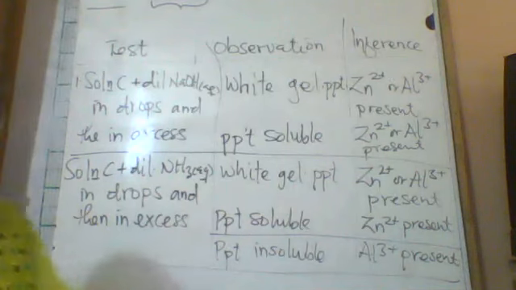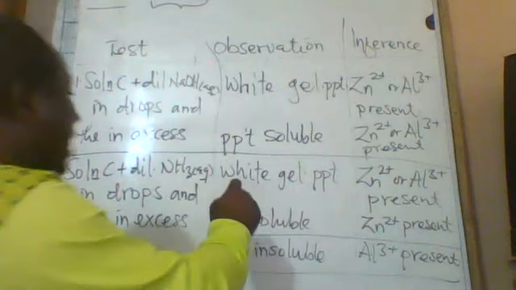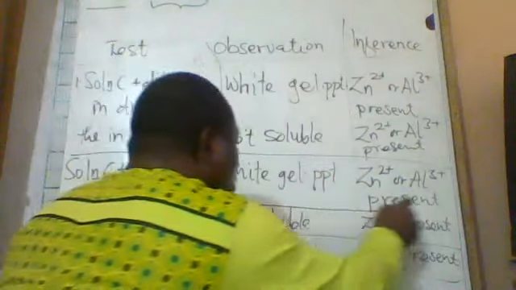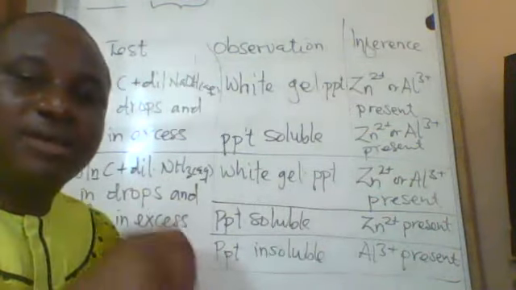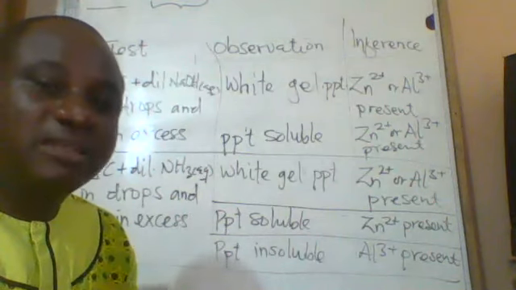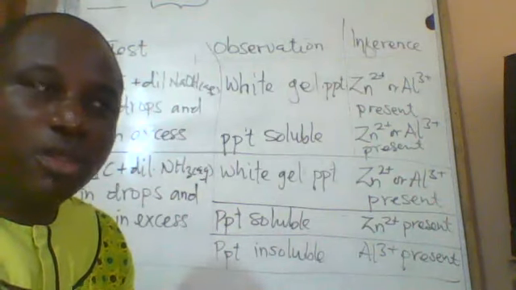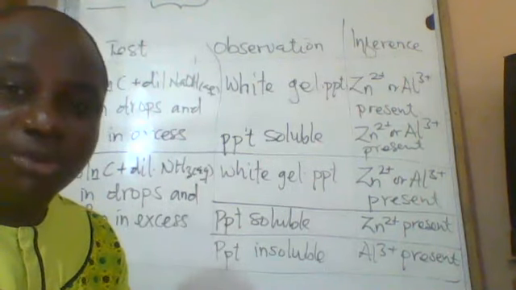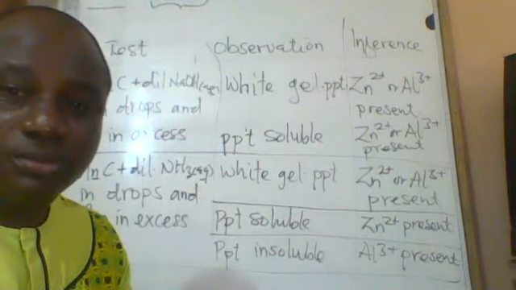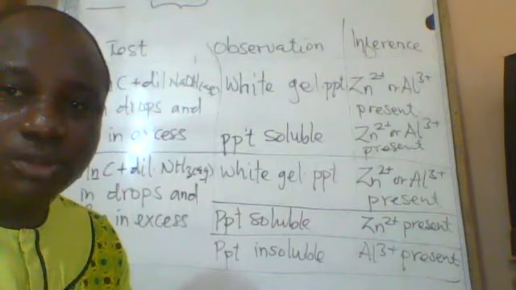You get the point? So we can use dilute ammonia to differentiate between Al3+ and Zn2+. One is soluble in SS, one is insoluble in excess dilute ammonia. You get the point?